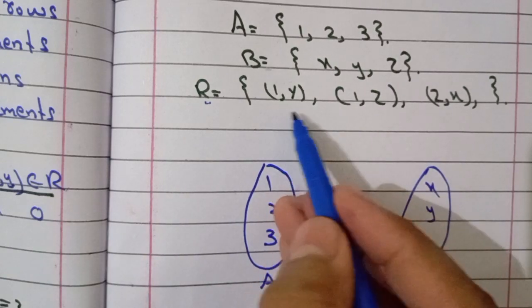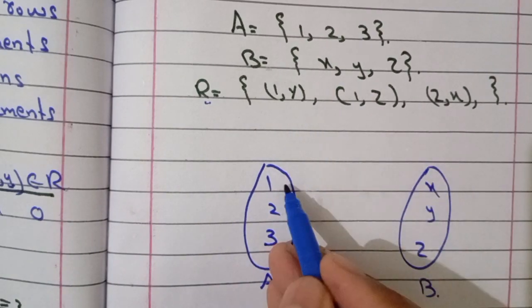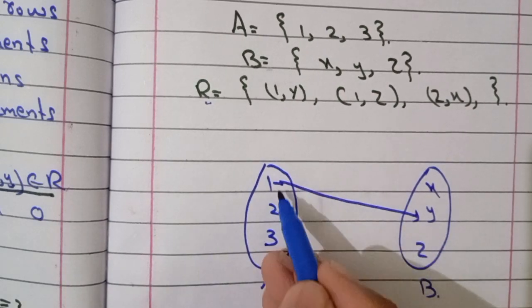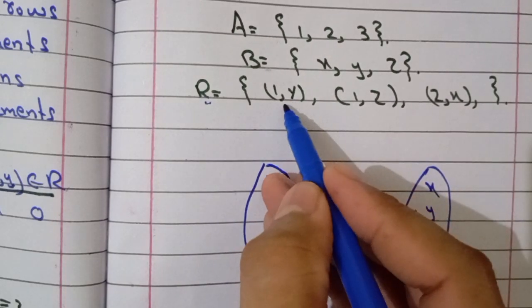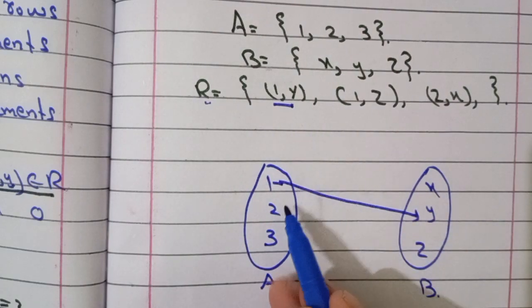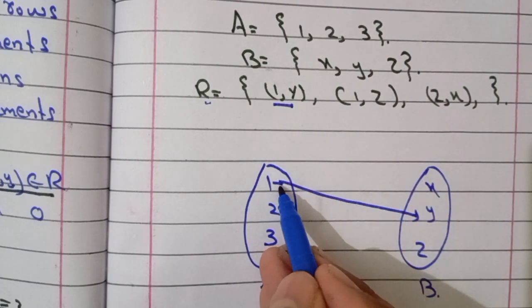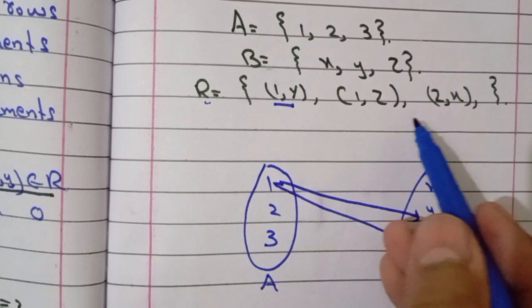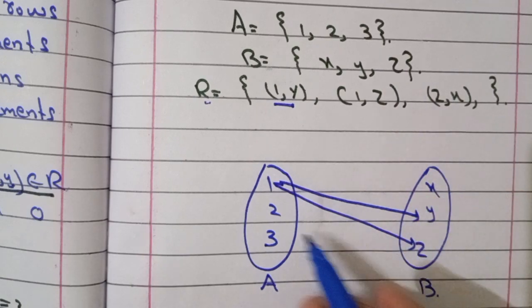To represent (1,y), we use an arrow, meaning (1,y) belongs to the relation R. And (1,z) belongs to the relation R, we use an arrow. And (2,x) belongs to the relation R, we use an arrow.